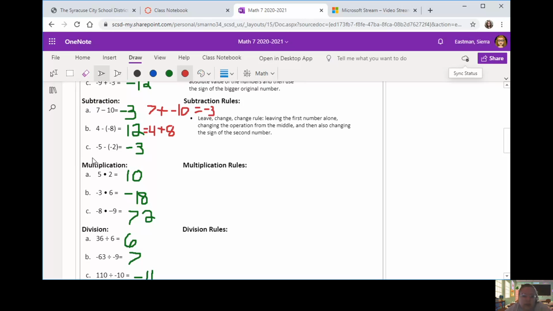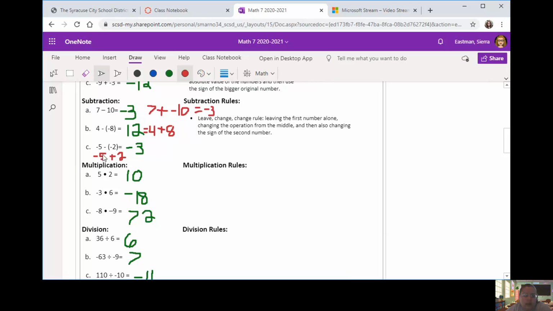Same thing for C as well. We would leave the negative 5 alone, change our subtraction to addition, and change our negative to a positive. So this one would look like negative 5 plus positive 2. And again, we go back up to those addition rules and use the rule about two different signs.